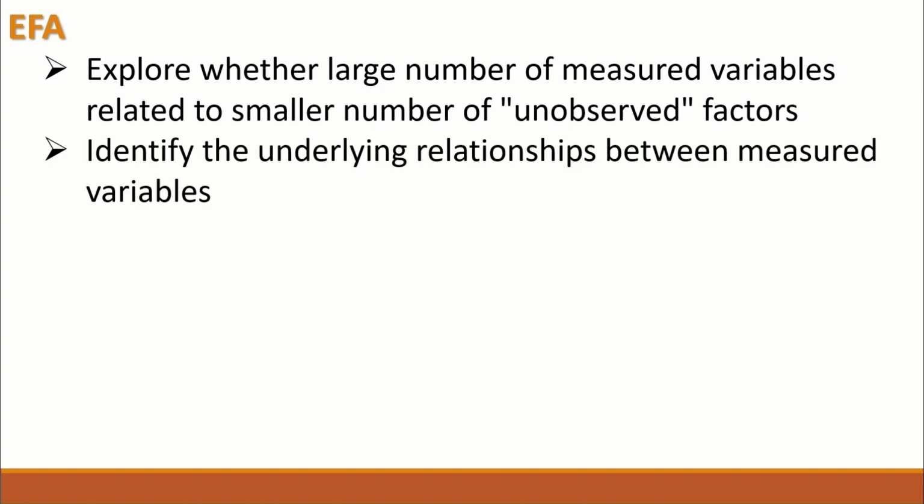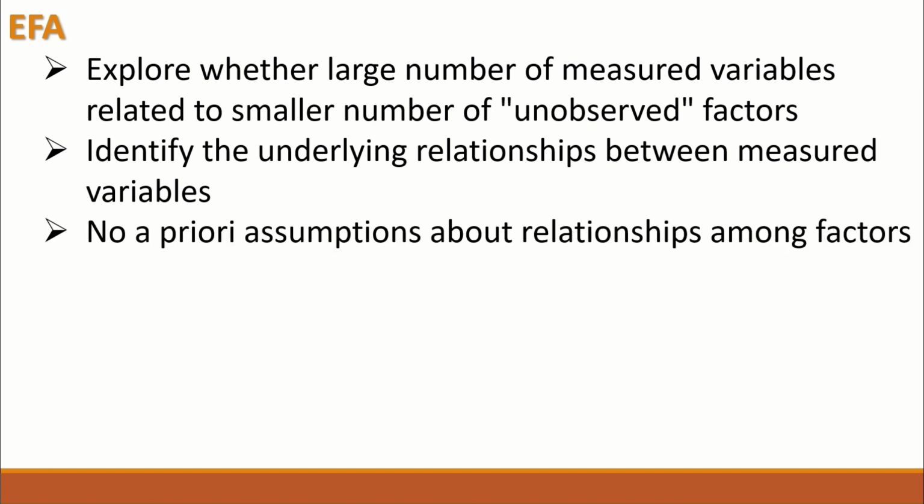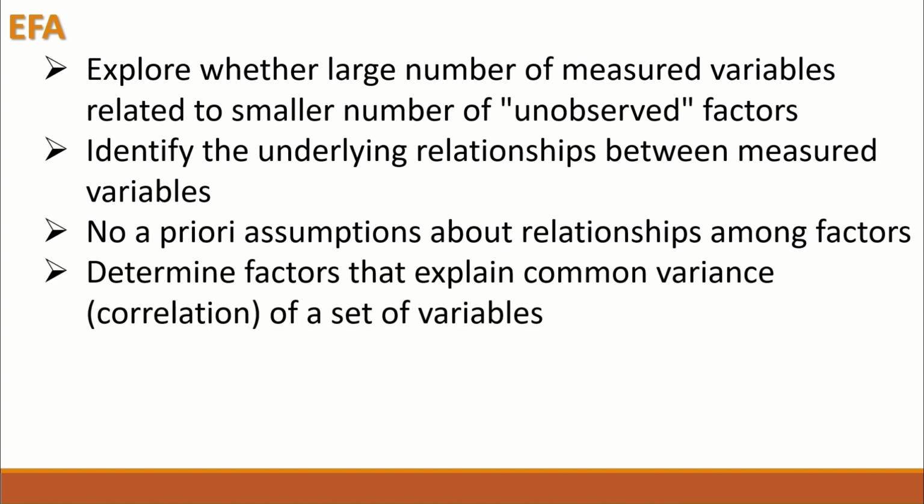It aims to identify the underlying relationship between measured variables, and tries to find out whether there is a correlation between variables. It assumes no prior relationship among factors. So there is no correlation between factors, but there might be a correlation between certain items that might load or measure a specific construct or factor.